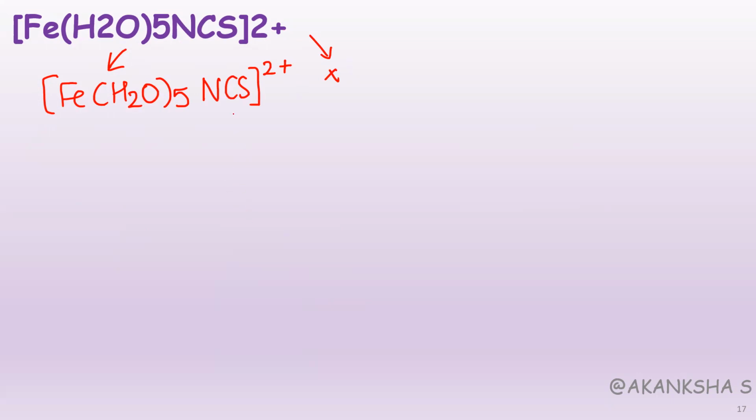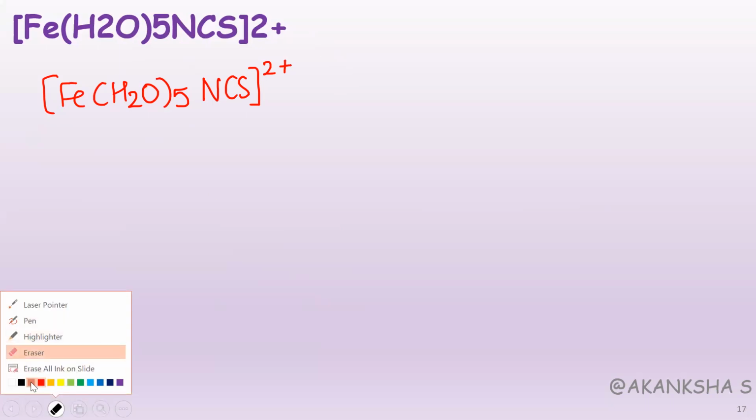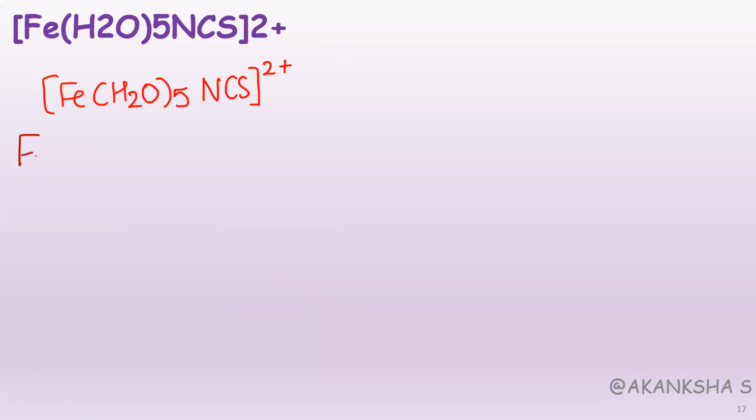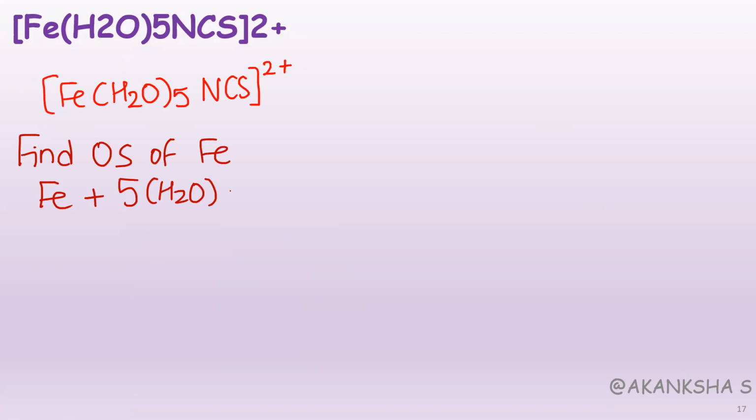Do not get confused over here. We have just one compound. There is no separation, no cation, no anion. Let's try to do the first step. First step is find the oxidation state of Fe. So we have 1 Fe plus 5 times H2O plus 1 times ligand NCS giving you plus 2.